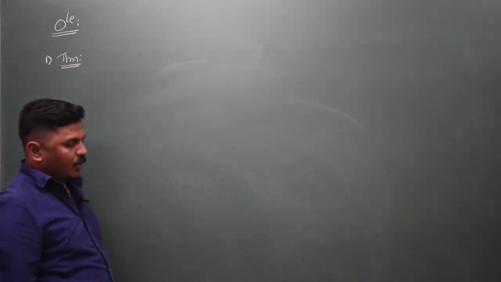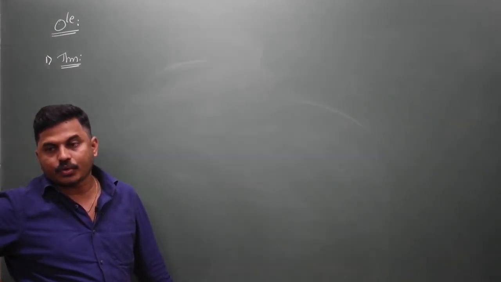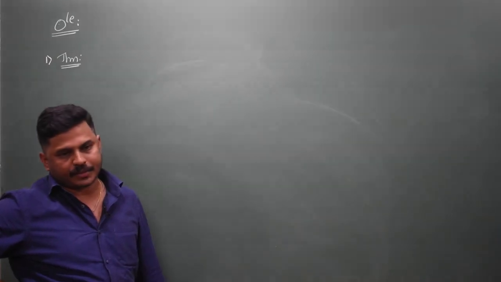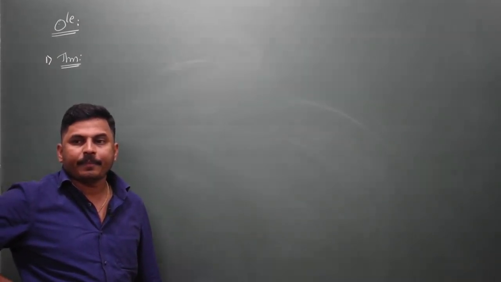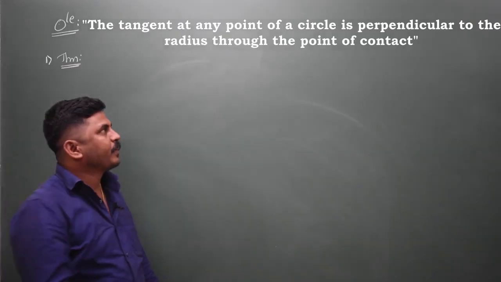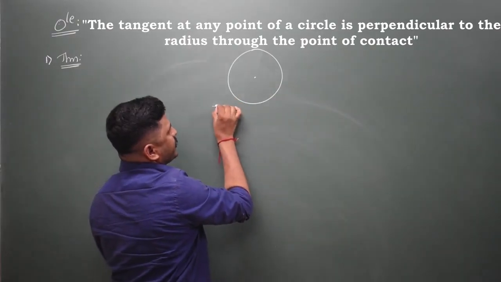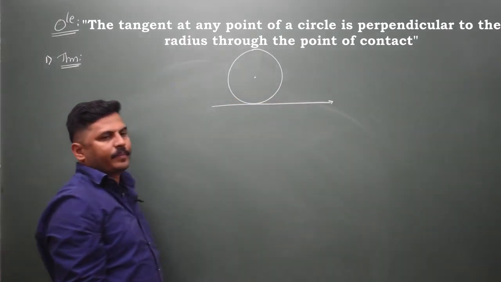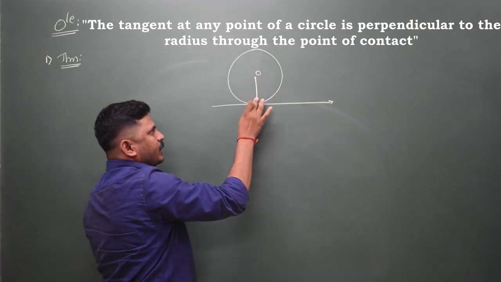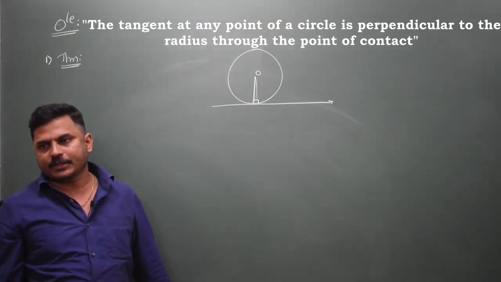Theorem: if I draw a radius to the tangent, it is always perpendicular to the tangent, and that is the shortest. What does that mean? For a circle, if I draw a tangent here and then draw the radius, that radius is always perpendicular to the tangent.